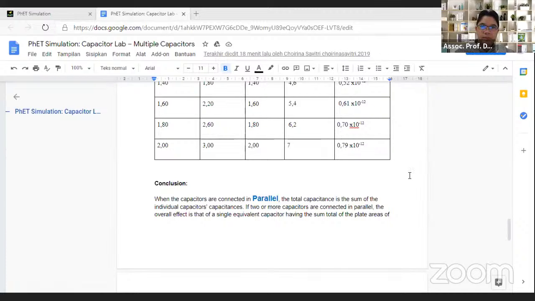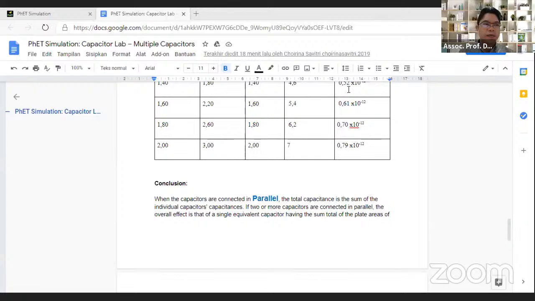Okay, so the conclusion that you just noted here is that when the capacitors are connected in parallel, the total capacitance is the sum of the individual capacitances. Okay, got it. Thank you so much for your presentation. Just one point I would like to note is the way that you record the data.